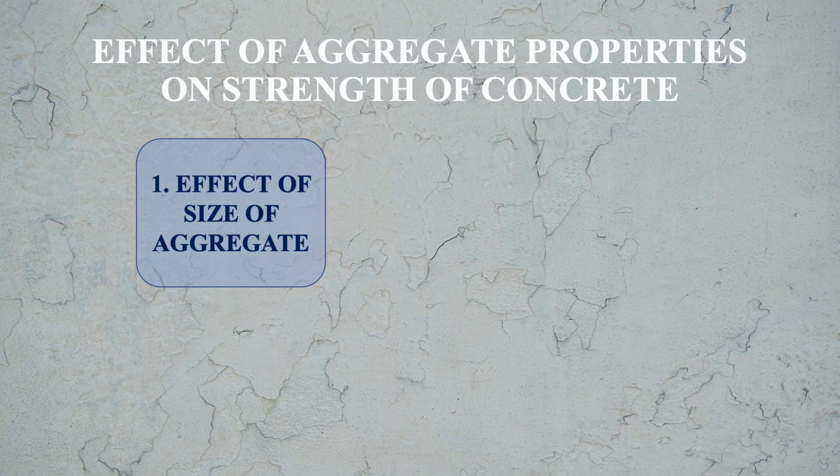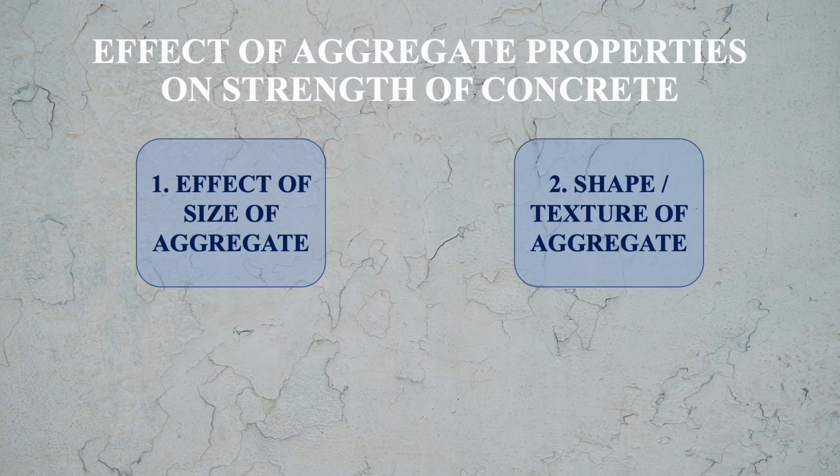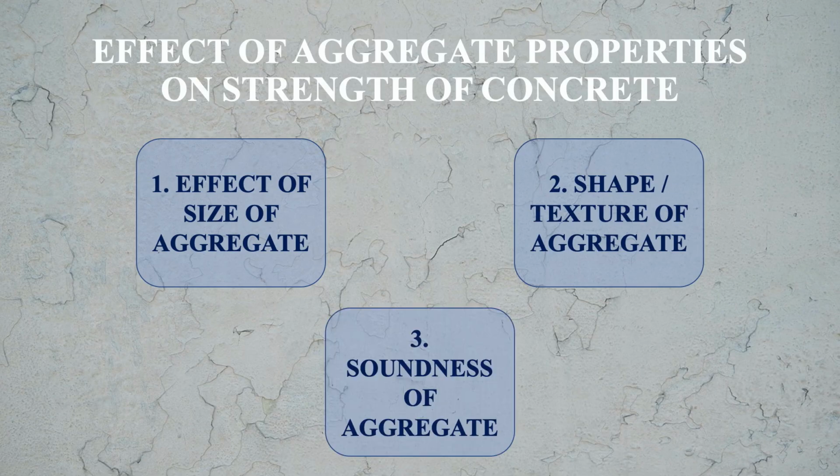Let us see what properties may affect the strength of concrete. The properties are the effect of size of aggregate, the effect of shape and texture of aggregate, and the effect of soundness of aggregate. So these three properties are important. Let us see first the effect of size of aggregate.